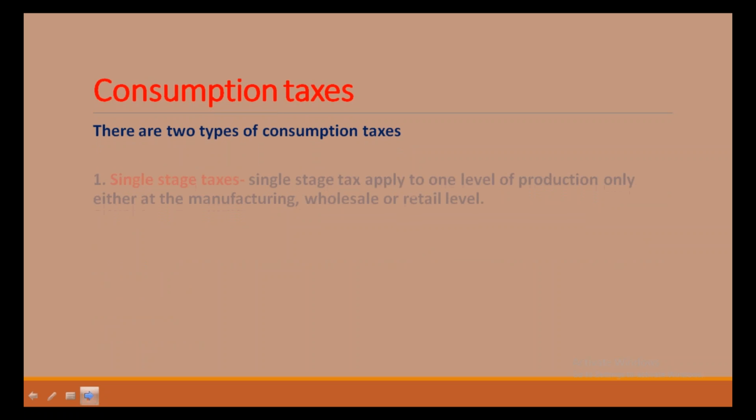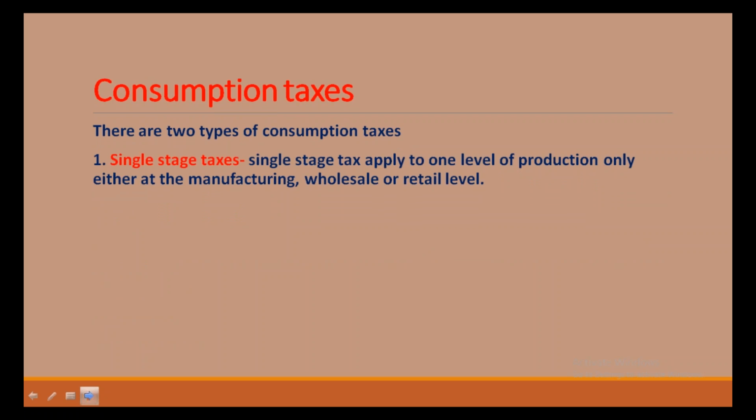Coming back to the consumption taxes, there are certain taxes we call single stage tax. The USA is a particular country where you pay tax on consumption once, and that's all.